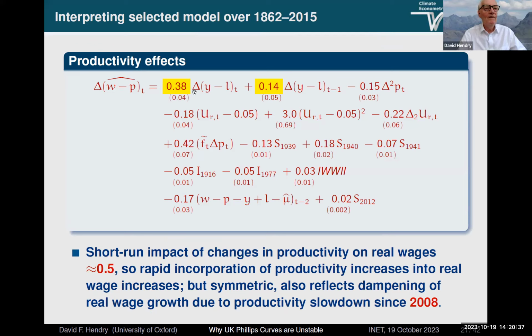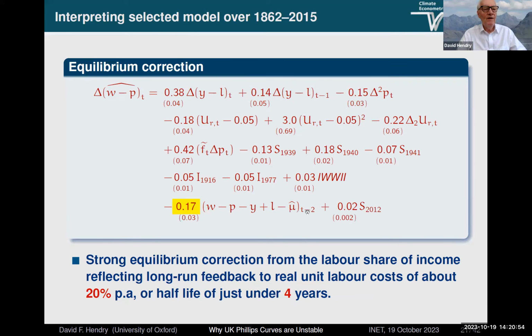So first of all, there's the change in productivity, and that adds up to about a half. And that's very quick. About half the change in productivity gets converted to the change in real wages within a year and a bit. Then we've got the feedback, the long-run adjustment.